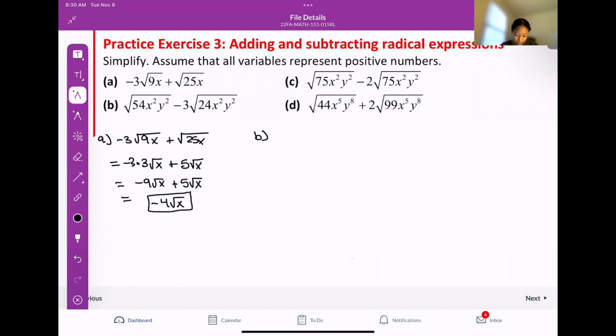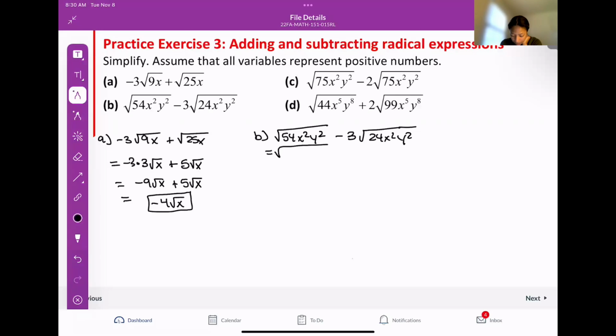For part B, we have the square root of 54x squared y squared minus 3 square root of 24x squared y squared. All square roots here. All right. 54 is not a perfect square, but we want to try to factor out the largest perfect square that we can find in 54, and that would be 9.